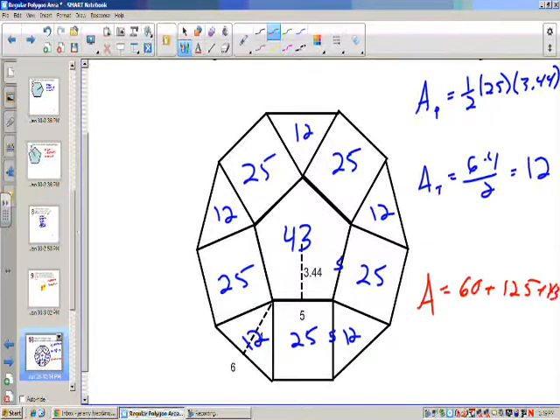So 60 plus 125 plus 43. That gives us a grand total of 228. So the area of this big shape is 228 units squared.